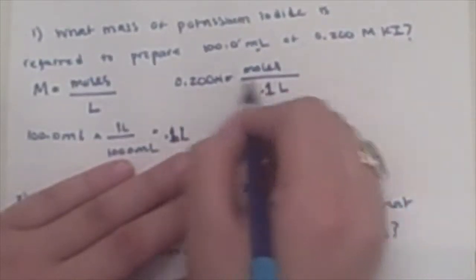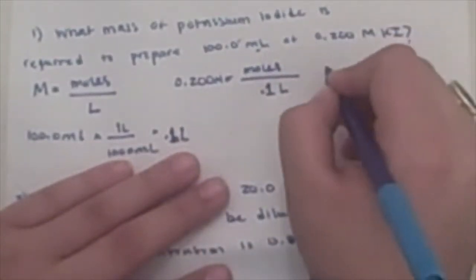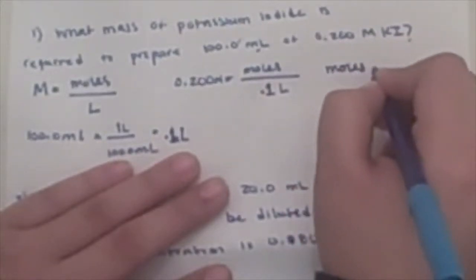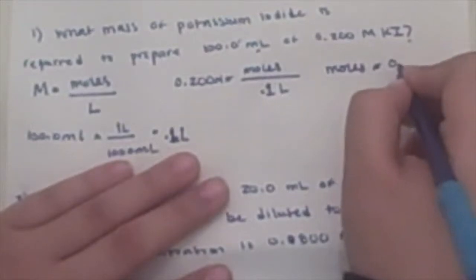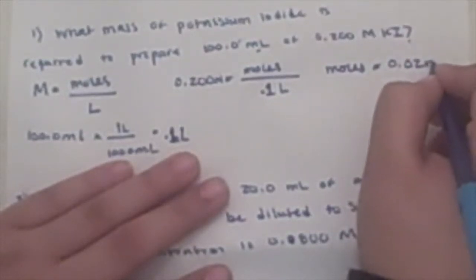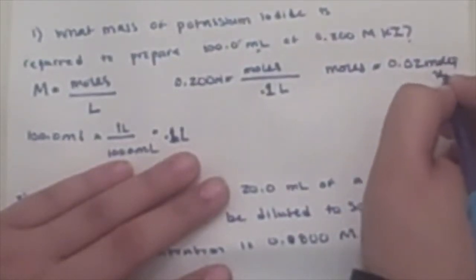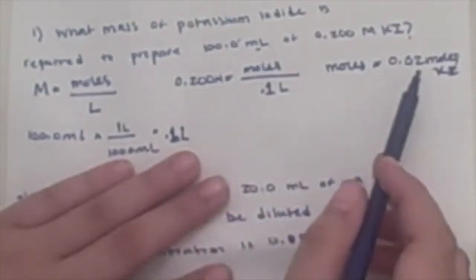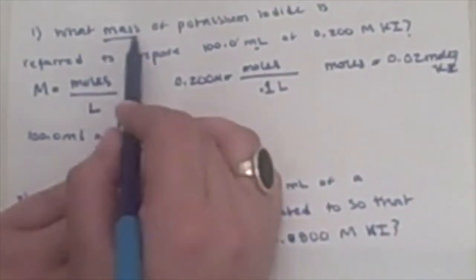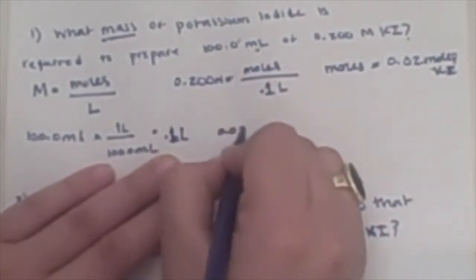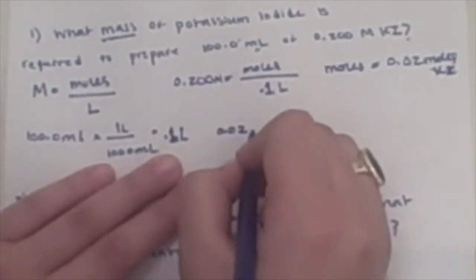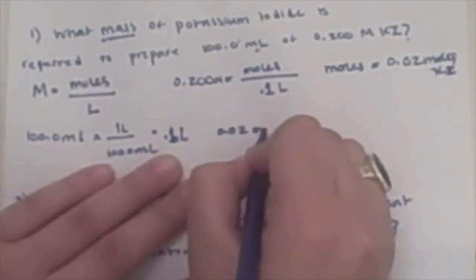We're going to multiply in order to get moles. So we end up getting moles is equal to 0.02 moles of KI. Now in order to go from moles to mass, which is what they're asking for, we have to multiply by the molar mass.